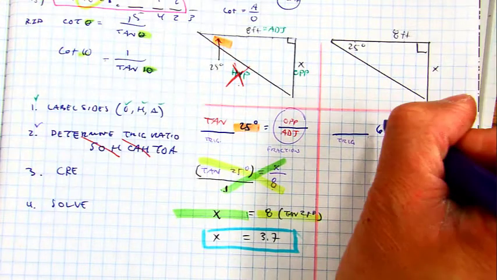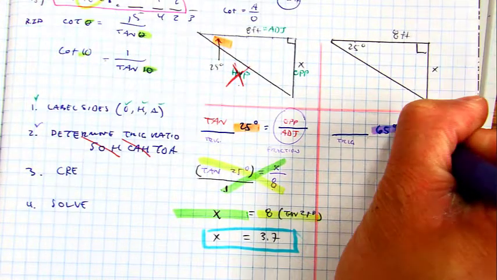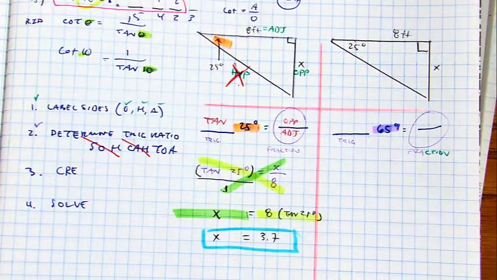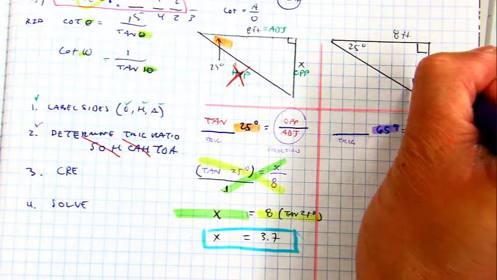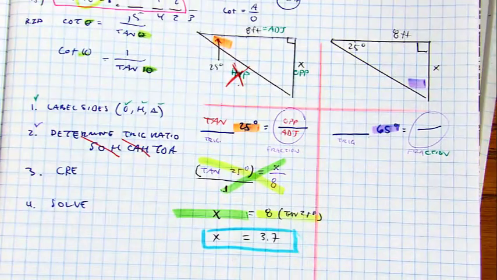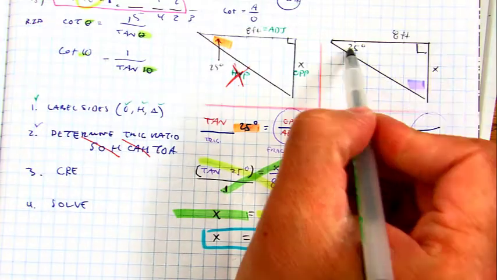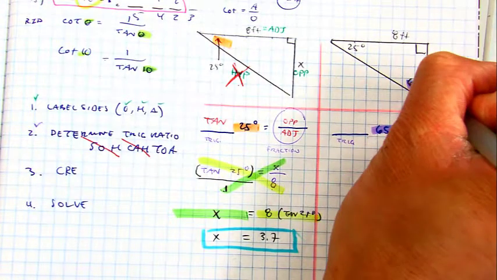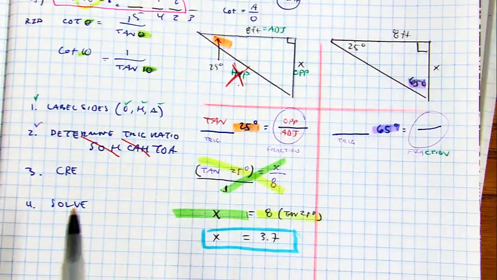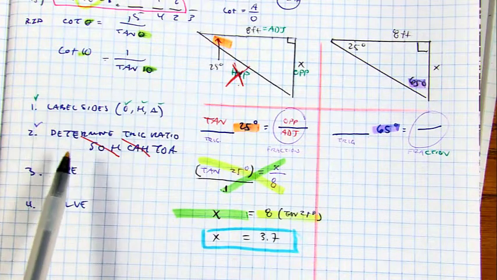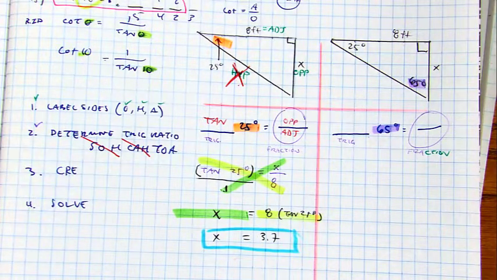Put your finger where 65 degrees is. Show your partner. Give him a head nod. Here. Triangle sum theorem says 90 plus 25 plus 65 equals 180. Now you're going to have to go back and label the sides, determine the trig ratio, calculator-ready equation, and solve.